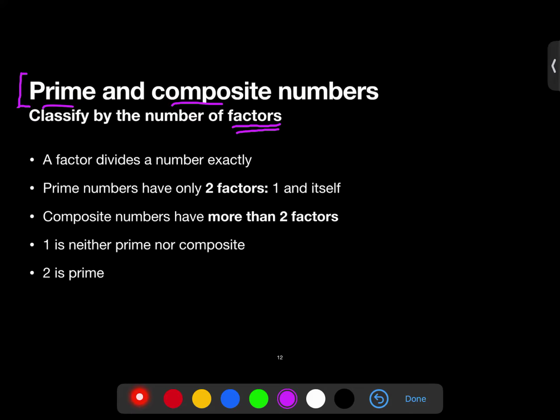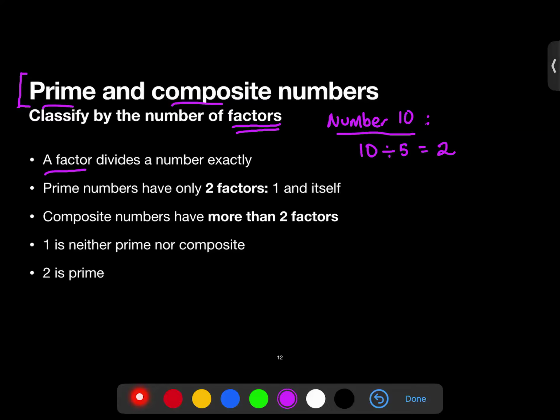So remember, a factor is a number that divides another number exactly. So for example, if we have the number 10, we can divide 10 by 5 to get 2.